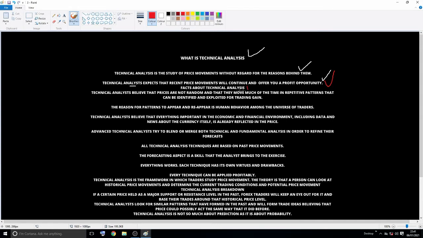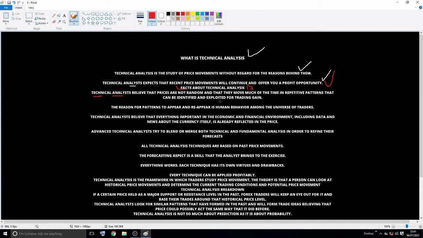Let's check a few facts on technical analysis. Technical analysts believe that prices are not random and that much of the time they move in repetitive patterns that can be identified and exploited for trading gains. So people who use technical analysis believe that the price doesn't just drop or just go up.